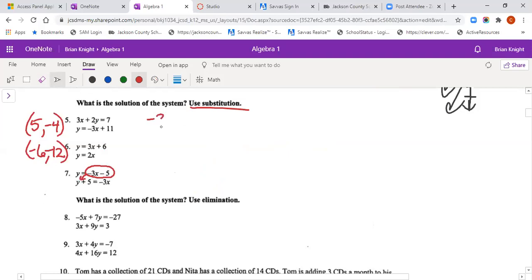So we're going to have negative 3x minus 5 plus 5 equals negative 3x. Okay? And, well, what's negative 5 plus 5? 0. So we end up with negative 3x equals negative 3x. And if you ever end up with exactly the same thing on both sides, what's your answer? Infinite solutions. Okay?